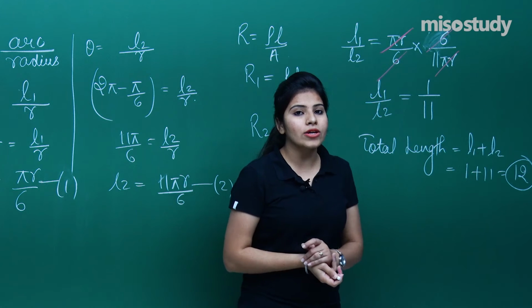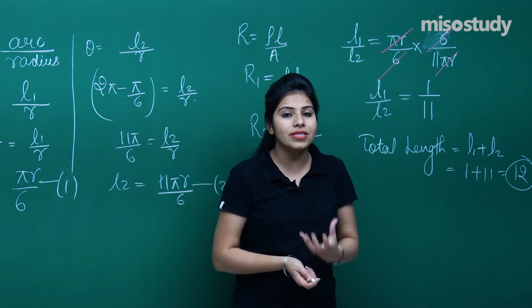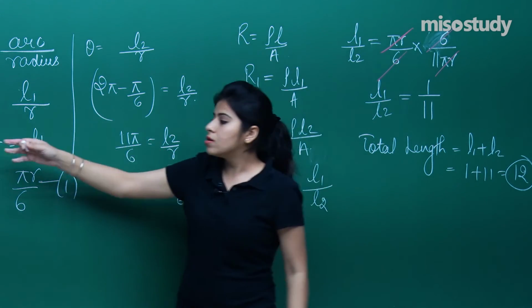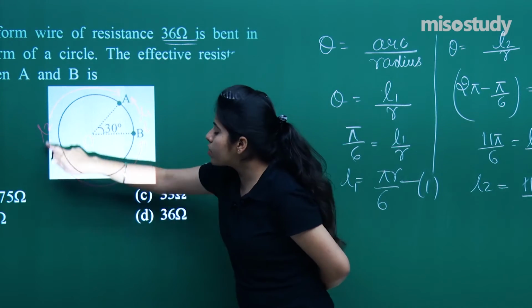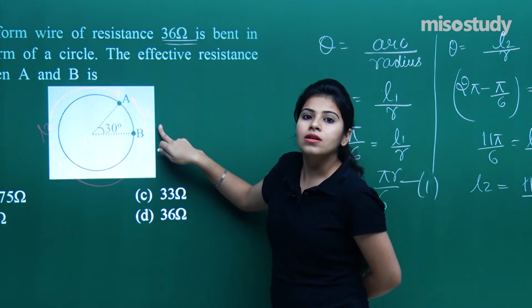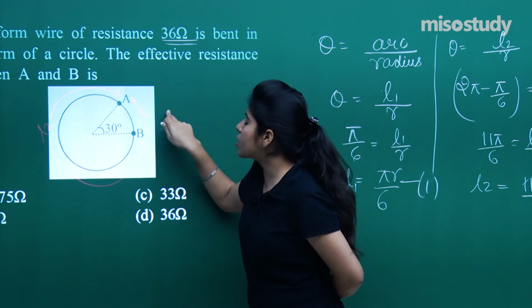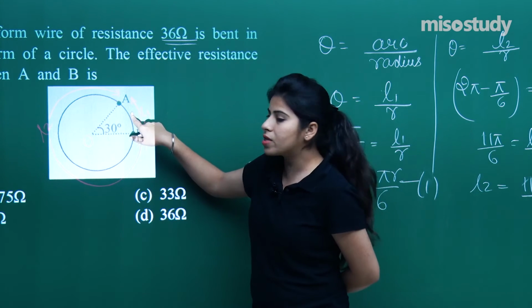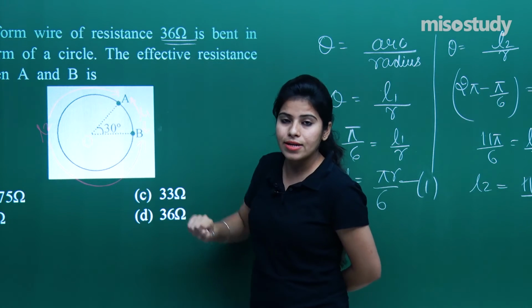Now for the L1 portion, that is AB, just look at the figure, your AB will be what? We know the total length is 12 and the ratio L1 upon L2 is 1 by 11. So this will be the 1 by 12th portion of the complete length, isn't it?